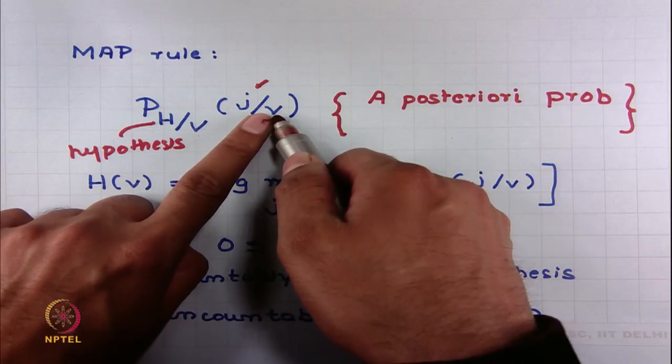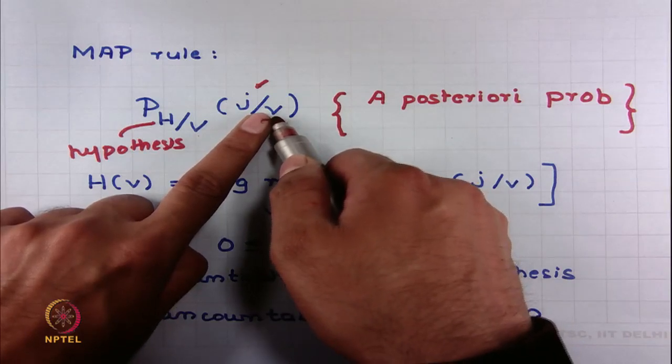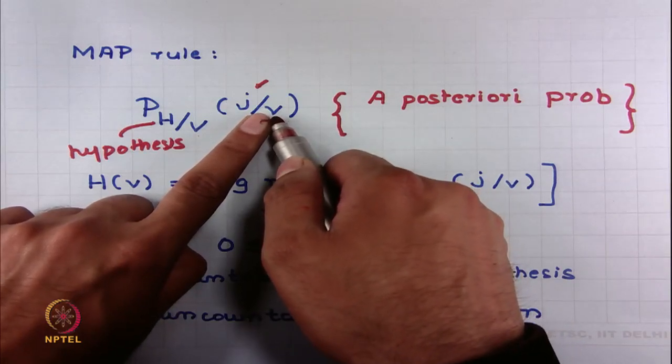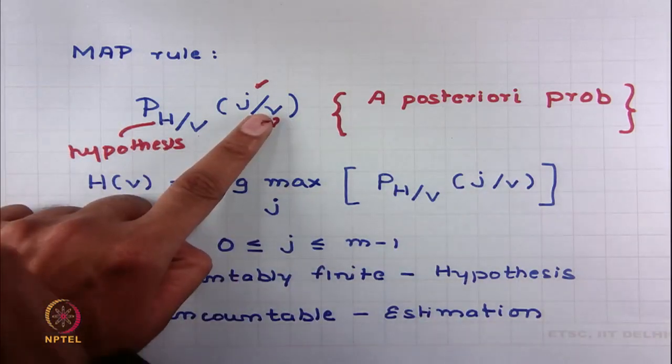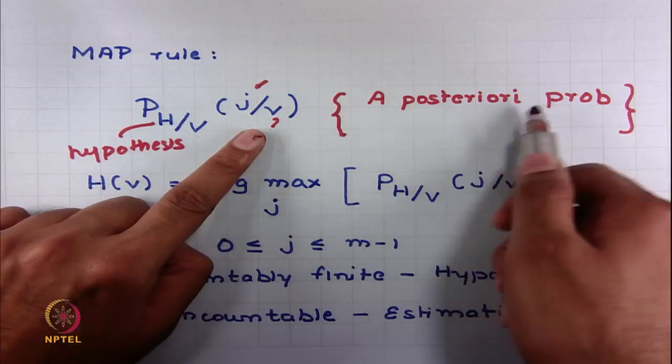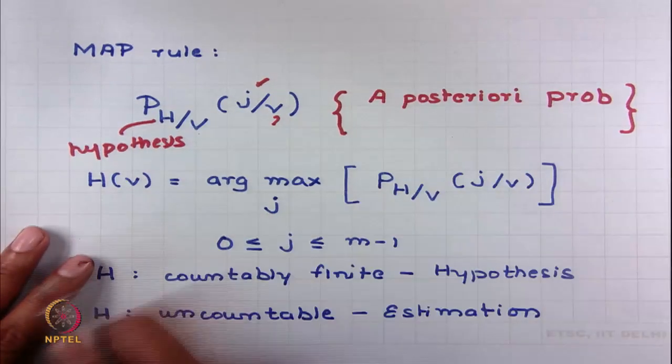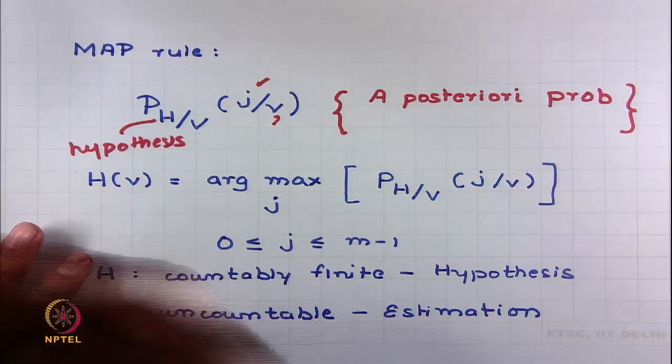Once you have carried out this experiment of transmitting a symbol and receiving the numerical value of a random variable, based on that observation we are trying to find the probability of a hypothesis J. So, it is probability based on an outcome of an experiment.